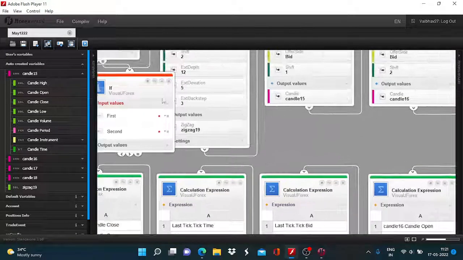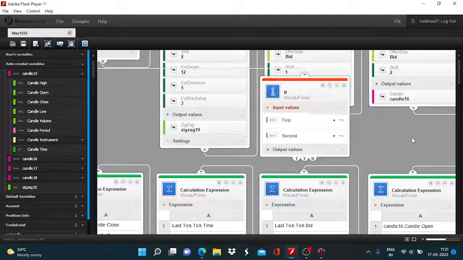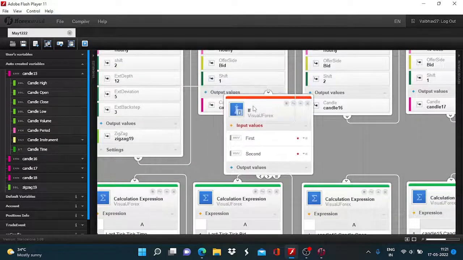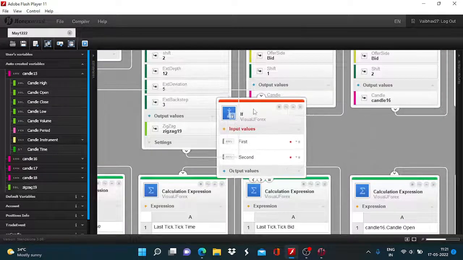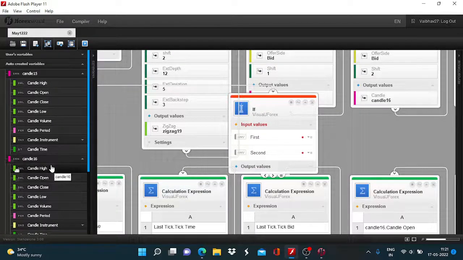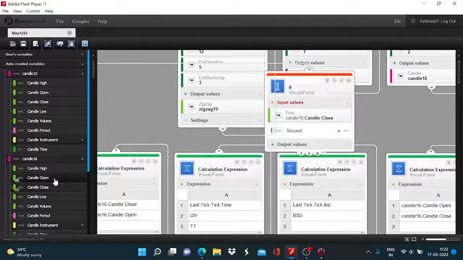And the second last hourly candle, it should have closed higher compared to the opening price. So then we take candle 16 candle close and opening price. So here we have candle 16 candle close and open price being compared.